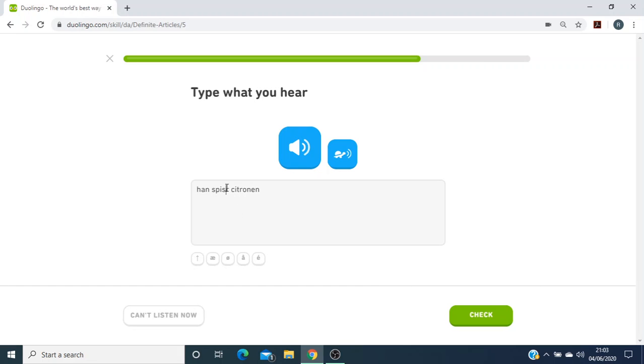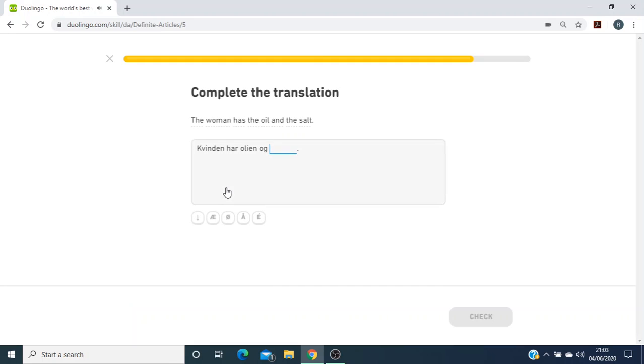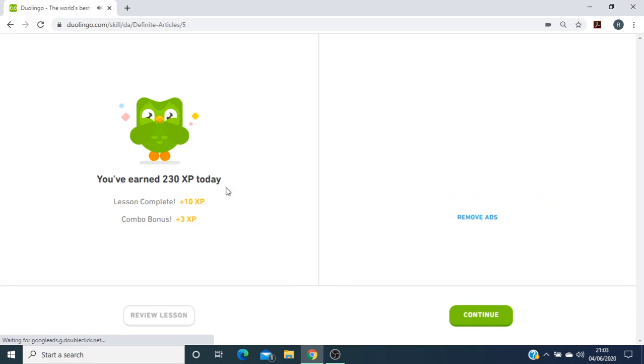Oops. Put the extra E there. He eats the lemon. The woman has the oil and the salt. Let's not make that same mistake again. Kvinden har olien og saltet. Right, so we're over halfway now. Let's continue.